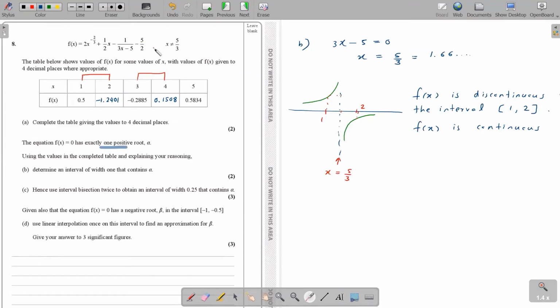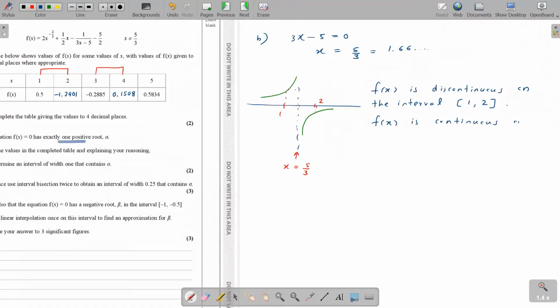Okay, so f(x) is continuous on the interval. What's the interval that we are interested in here? The interval with the sign change, between 3 and 4. We have no evidence of any asymptote other than the asymptote at x equals 5 over 3, isn't it? So f(x) is continuous on the interval, and what else is there to support the root?